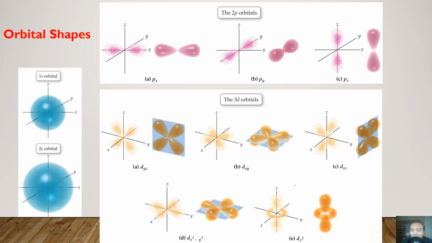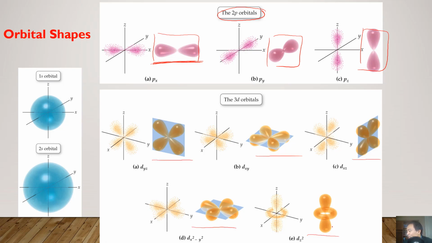Let's look at the p orbitals and d orbitals. When you look at p orbitals, it's just like you tie two balloons together, so it looks like a dumbbell shape. As we mentioned, the p subshell has three different orbitals. And d has 5 orbitals inside with different orientations.